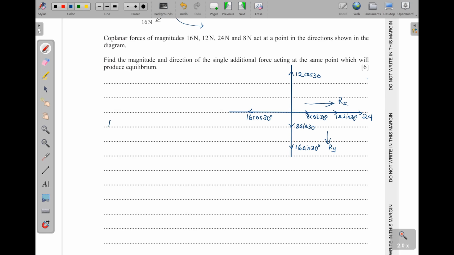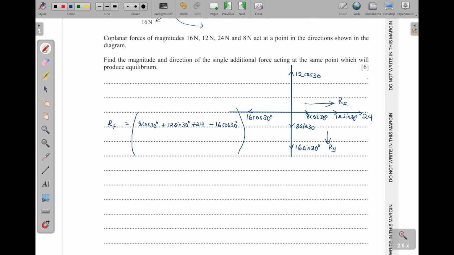Now, the resultant of the forces, I can write it here like this. Resultant of the forces is going to be, let me write it as a vector. So we can have 8 cos 30, then plus 12 sine 30, then plus 24. Then we shall subtract 16 cos 30 degrees.